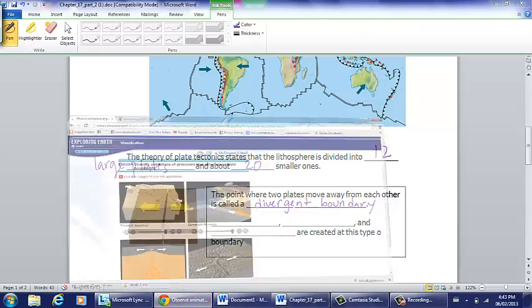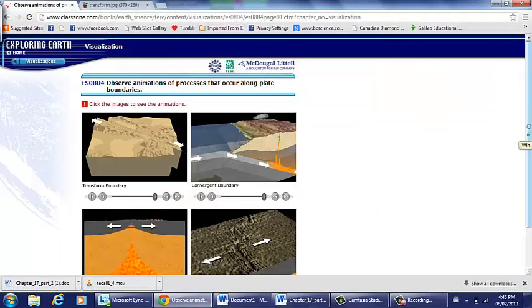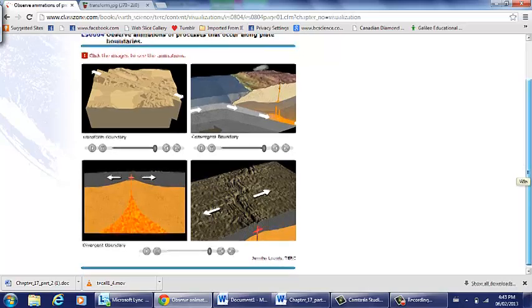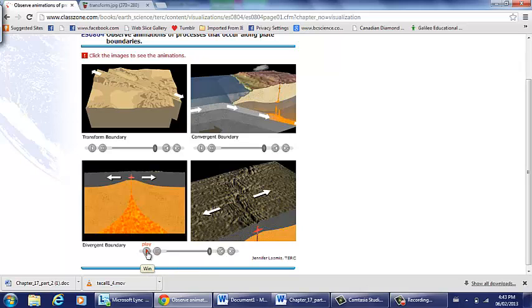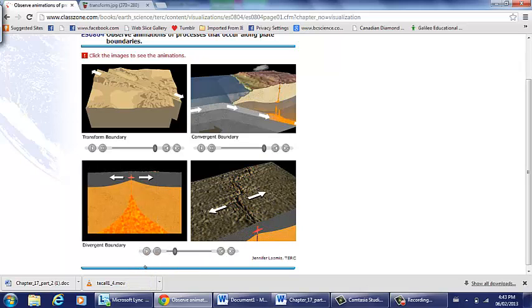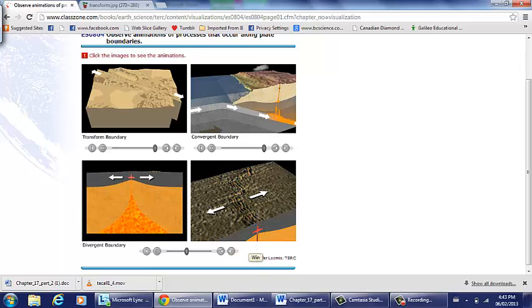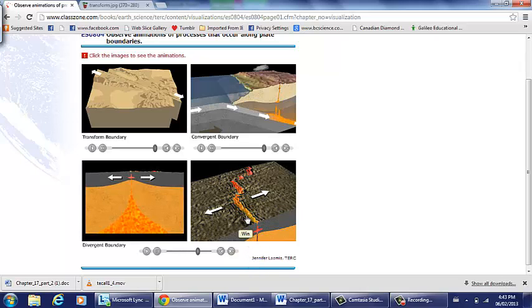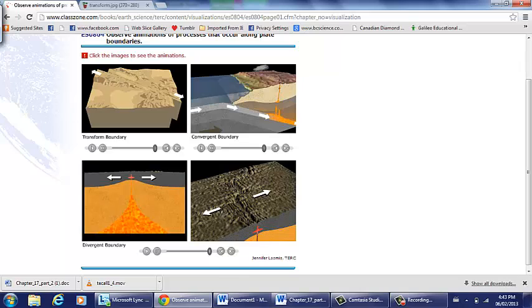We can look at an animation of what a divergent boundary would look like, what would be happening. Looking just at these bottom two screens, this is going to show the divergent boundaries moving away. You can see that as these plates are separating, magma is able to come in, rise up, and fill in the gap. So the two plates are moving away, magma is rising in and filling in the gap.